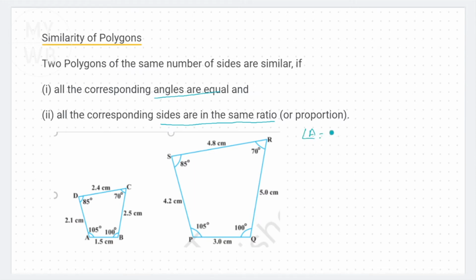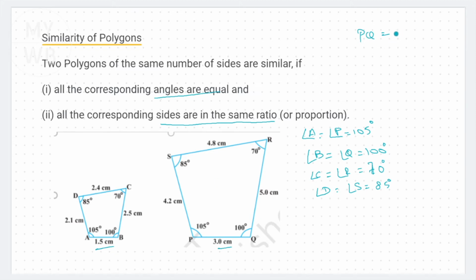Angle A is equal to angle P, both are 105. Similarly, angle B and angle Q, and so on. So all the four angles are equal to each other. And if we consider the sides, we have PQ is 3 centimeter and AB is 1.5 centimeter.